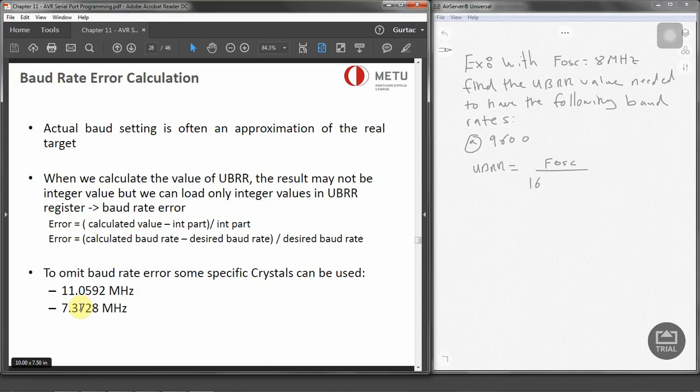I'm assuming these are in normal mode. So for the first one we have 8 times 10 to the power 6 divided by 16 times 9600, minus 1.